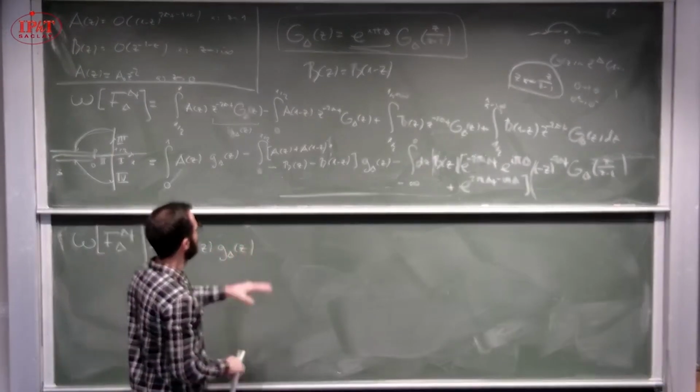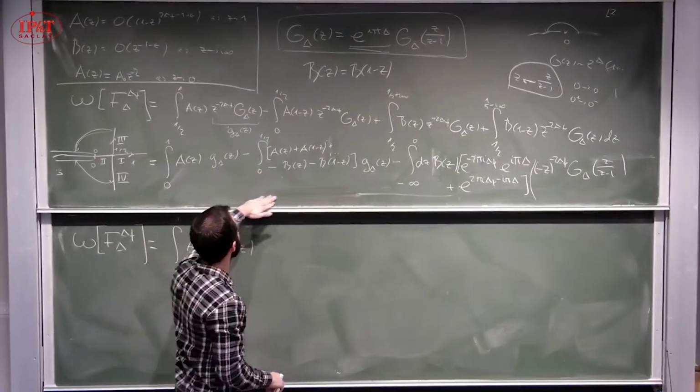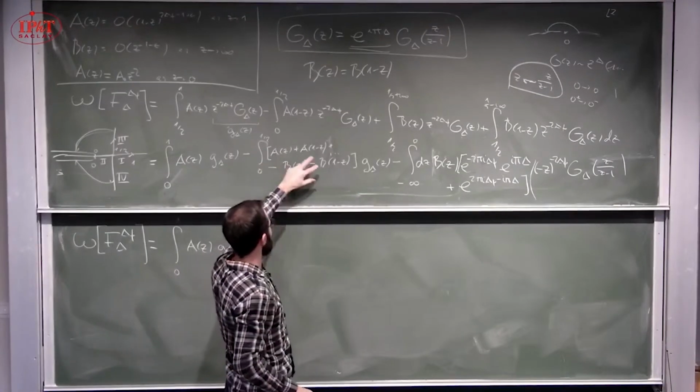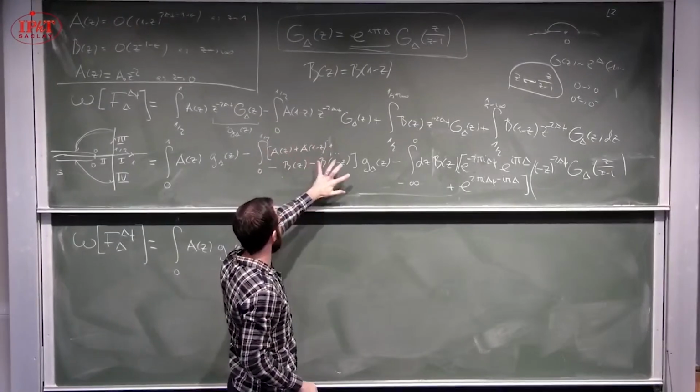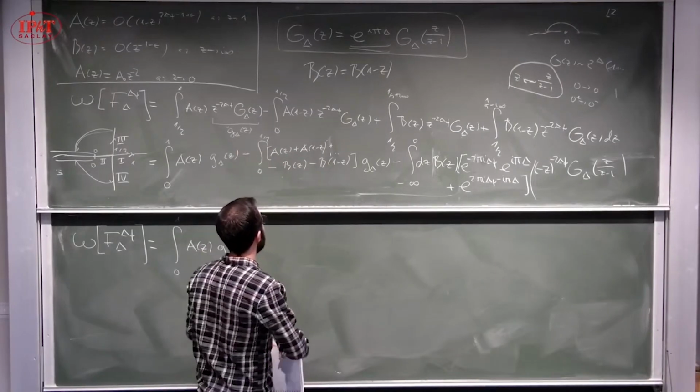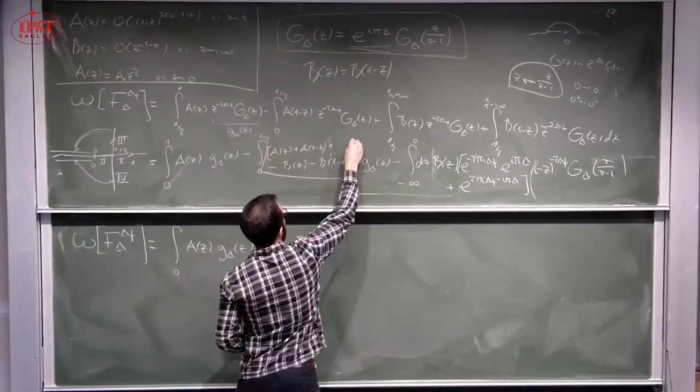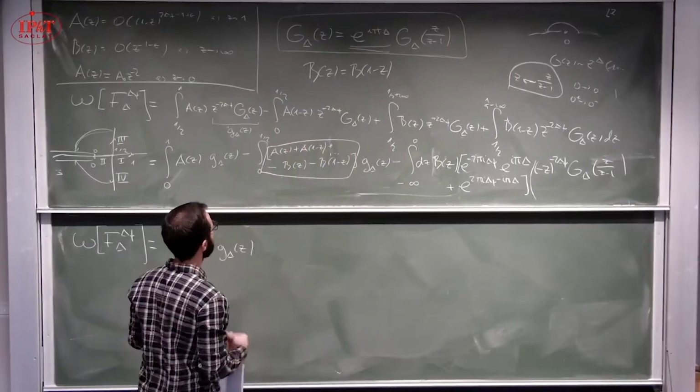Now let's make sure this term is not there because it's not wanted. It's some stupid integral from 0 to 1/2. So we'll set this to 0.